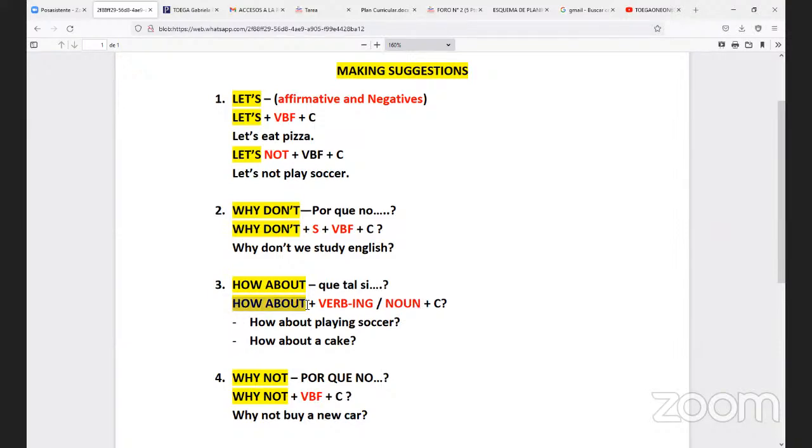And this "how about" is the only one that works with the verb with ing. The others, "why don't" and "why not," are similar in meaning, but "why don't" always goes with the subject, and with "why not" we don't use a subject, just go directly to the verb.